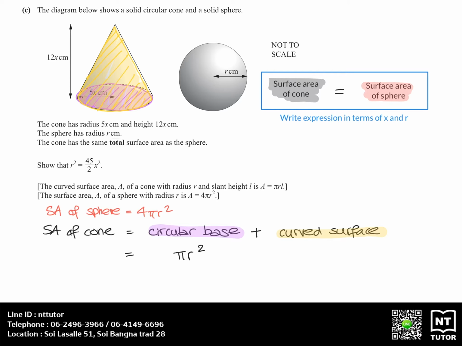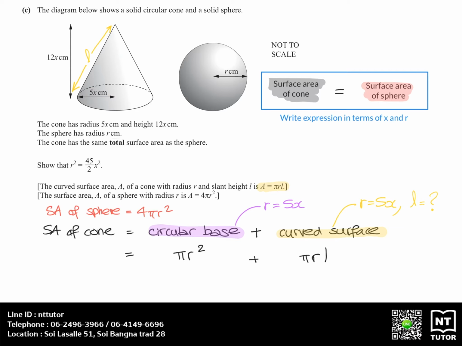And the formula for the curved surface area of the cone is given in the question as pi rl, where r is the radius of the circular base and l is the slant height of the cone. The r for the circular base is 5x. The r for the curved surface is also 5x. However, we don't have a value for l, the slant height, just yet. Therefore, we need to come up with a way to calculate the value of l in terms of x.